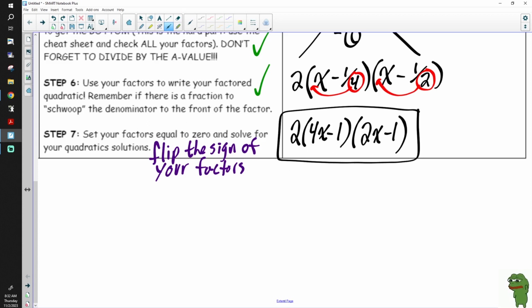Flip the sign of your factors. Our factors are those numbers we found in our x method. You just have to remember to flip them.